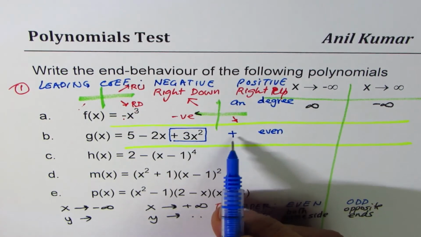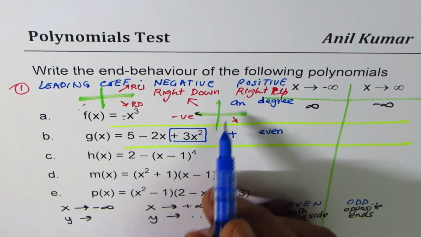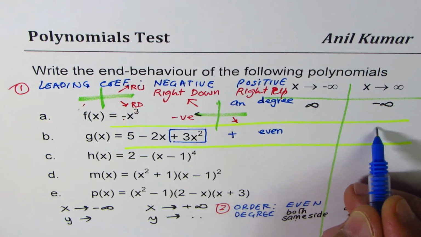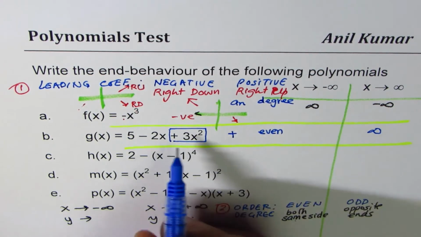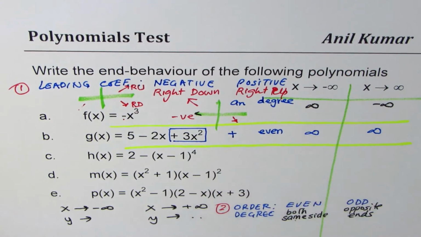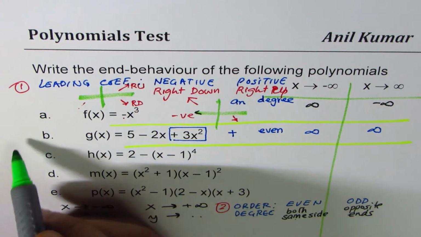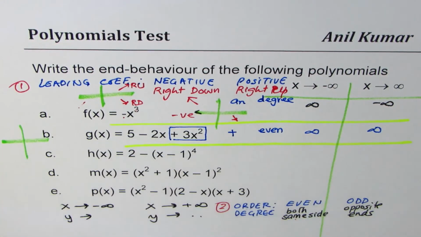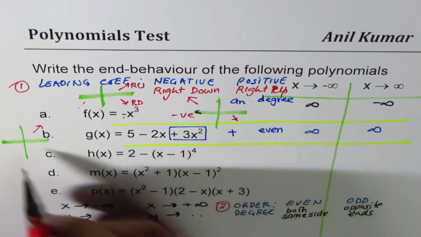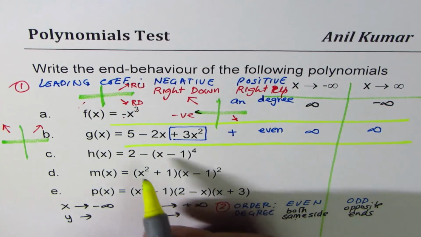So positive means right up for this function. Right up means as x approaches infinity, the function approaches infinity. And since it is even, both ends are the same, so both go towards positive infinity. Let me sketch it for you. Positive means right up. Even means both same ends. Okay? Let's look into the next one.